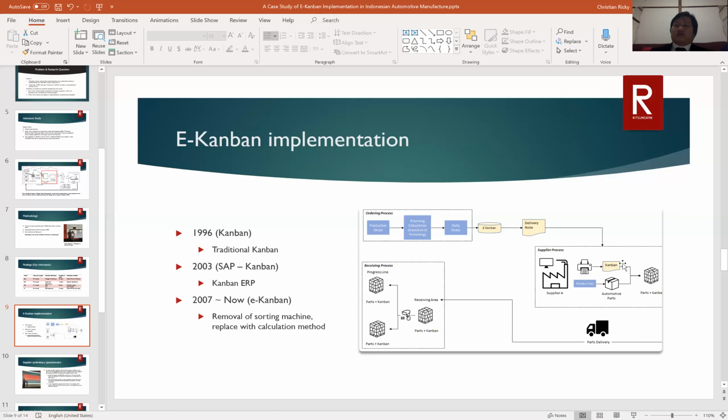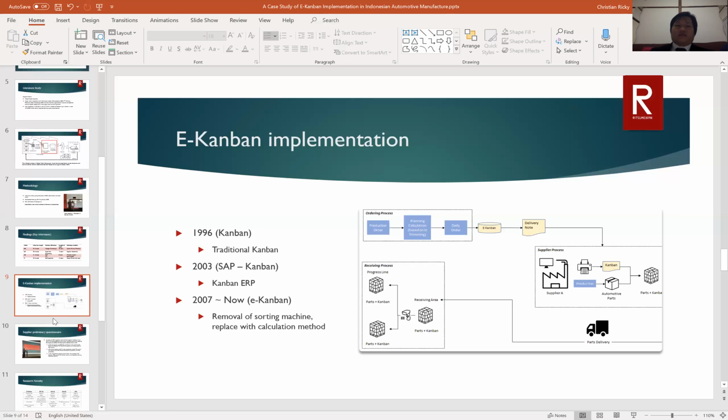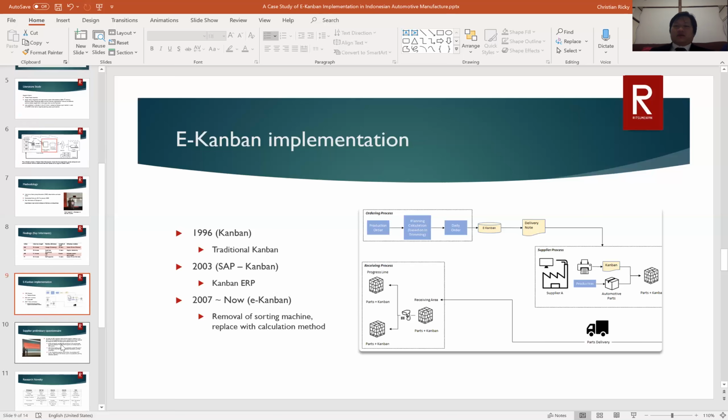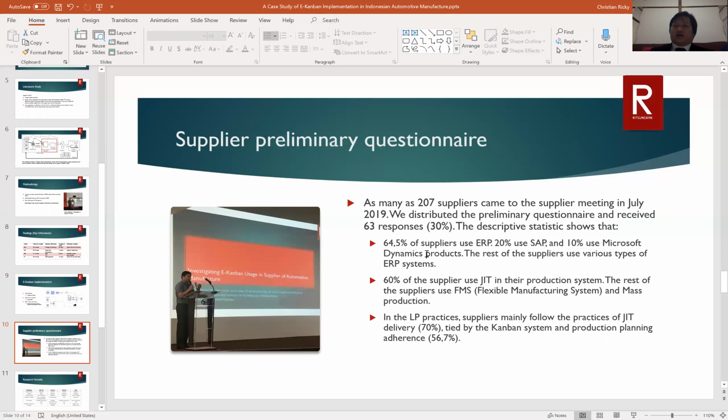So that's what we found based on the field research, and based on it we also wanted to know about the usage of E-Kanban in the suppliers. So we conducted further studies. There were 270 suppliers that came to the supplier meeting, and we conducted a preliminary questionnaire and received about 63 responses.